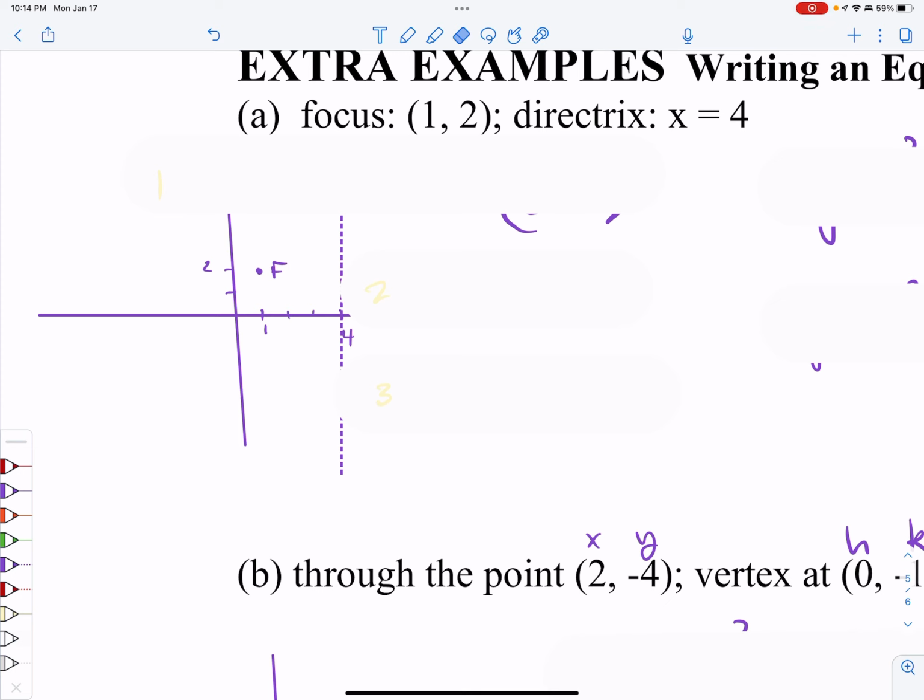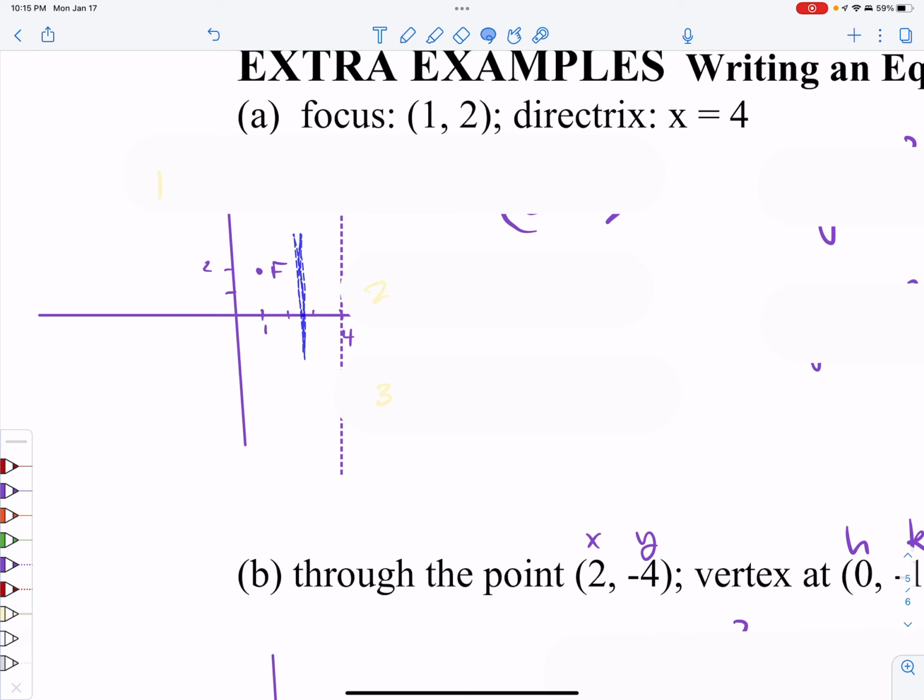And immediately I can look at my picture and I know that my vertex has to be smack dab in between these two. So it's going to occur right here, somewhere in there.